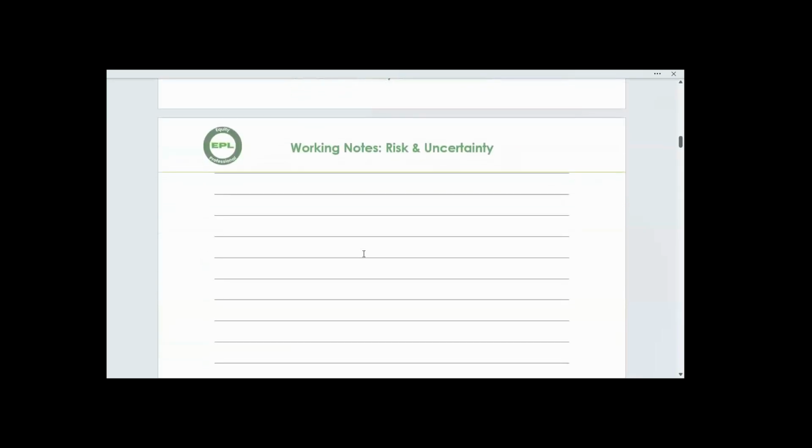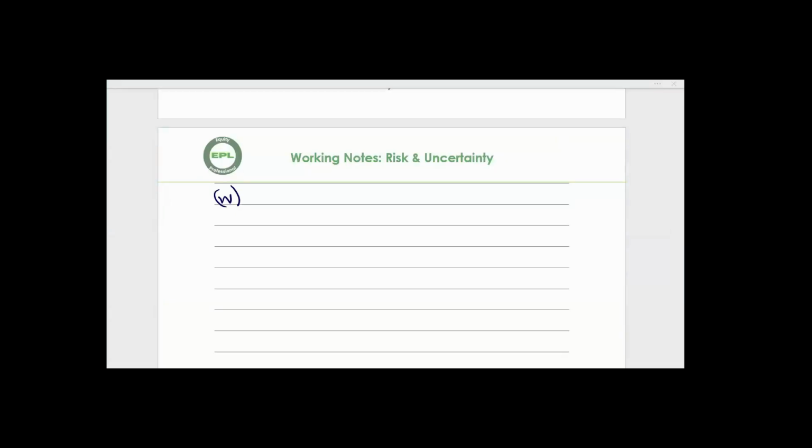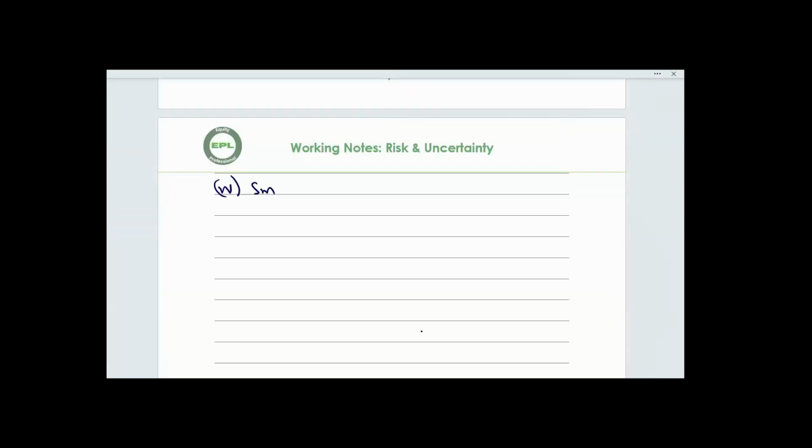Number 4. According to the question, the next one is sales volume. Sensitivity margin of sales volume. And we said that whenever you are calculating sensitivity margin of sales volume, you should use the present value of contribution as your denominator.